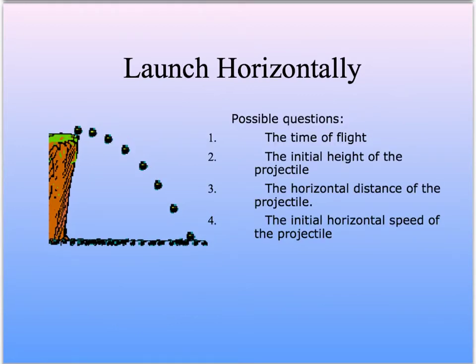And so from this setup, you could be asked to find the time of the flight, which is a vertical question. It's vertical because really what you want to know is how long, given your v1 of 0 in the vertical, how long does it take to fall from this height?